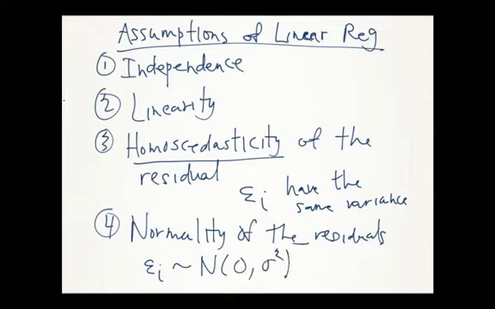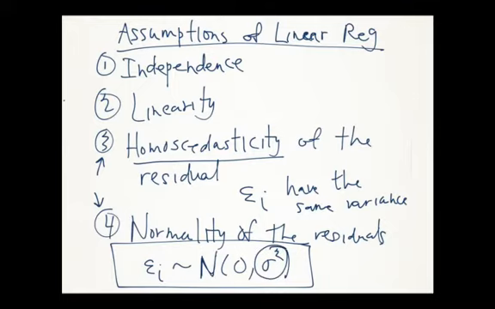So you can see by writing this one equation, I've basically summarized assumption 3 and assumption 4, because assumption 4 says they're normally distributed, and assumption 3 says that they have the same variance.